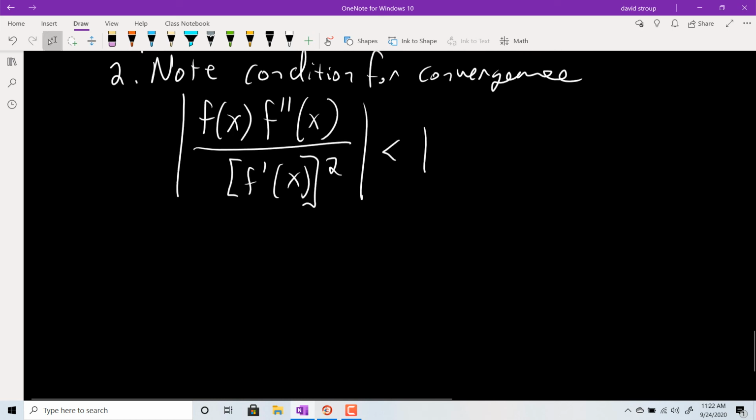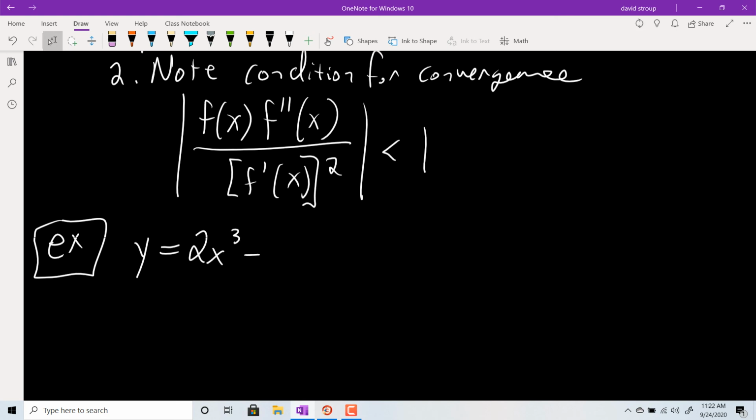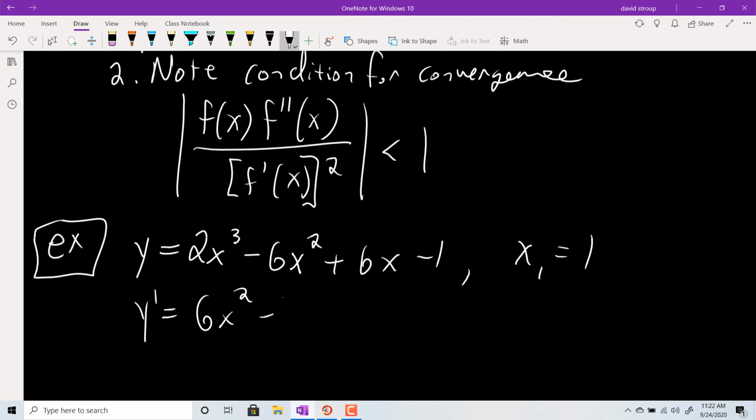Let's look at an example where stuff does not work, so you get an idea of at least one circumstance of failure. 6x minus 1. We want to start at x1 equals 1. So I need the derivative. y prime is going to be 6x squared minus 12x plus 6.